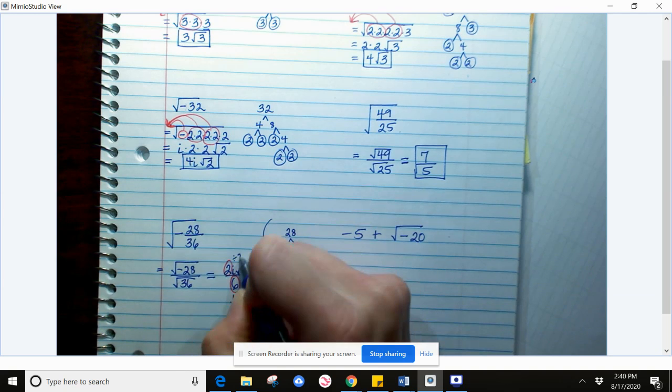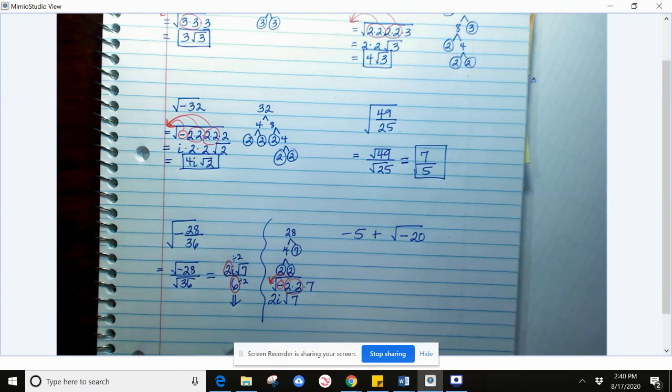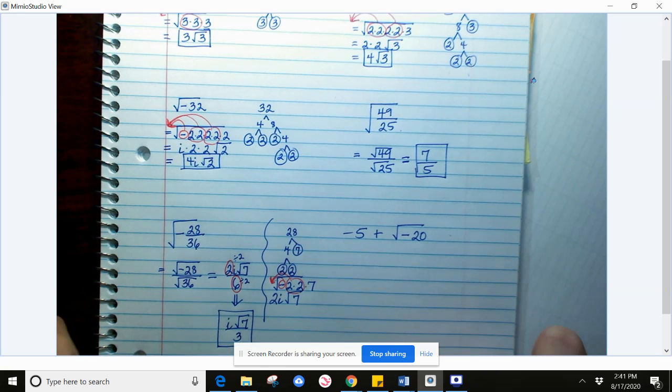So when you do that, notice I'm not touching the 7, and it doesn't matter if it was divisible by 2. I can't touch it because it's under the square root, and we can't do that. So 2 divided by 2 is 1. You can write 1i if you like. I think I'll just leave it i because the 1 is implied. And then on the bottom, it's a 3. So the i square root 7 over 3 is a great answer.